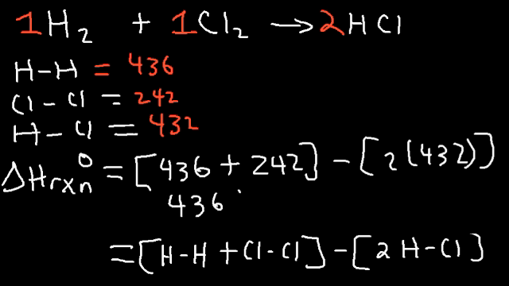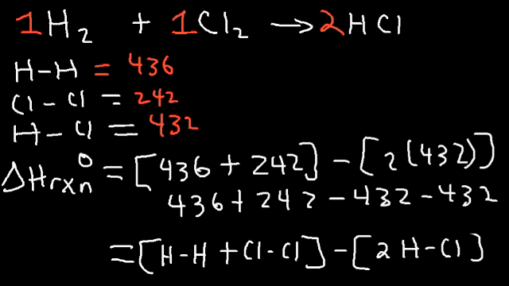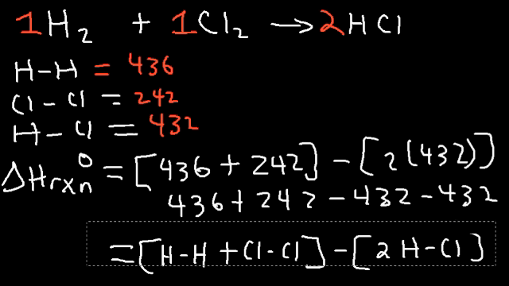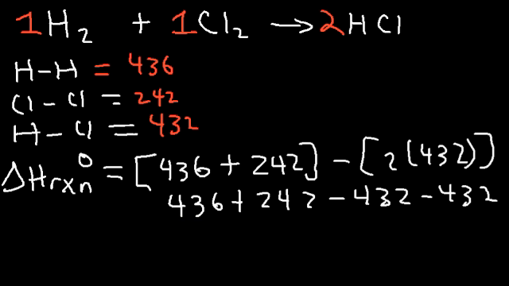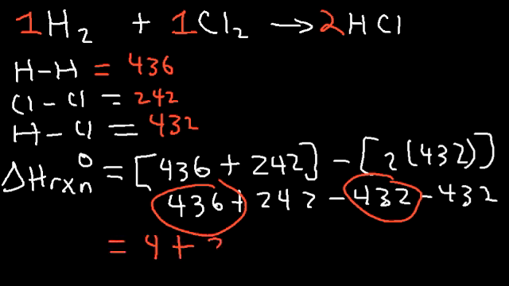This is 436 plus 242, and then 2 times 432, that's just 432 minus another 432. The reason why I'm doing it this way is because it's fairly easy to subtract 436 by 432 because they differ by 4. So then it's 4 plus 242 minus 432.